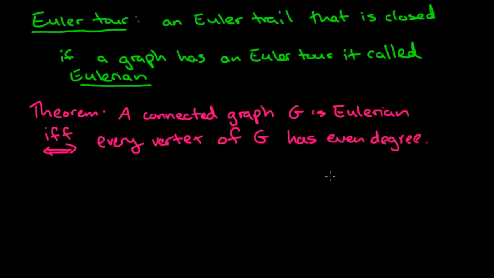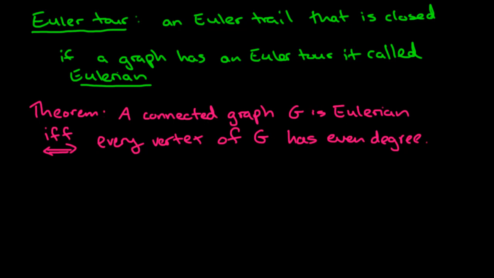Now, if you remember from the video about the bridges of Königsberg, we had a result that said if we had an Euler trail, then the number of vertices of odd degree had to be exactly 0 or exactly 2. But that was for the existence of an Euler trail. If you want to have an Euler tour, which is what we mean when we say Eulerian, then that tour is actually a closed trail, and then we require every vertex to have even degree. And not only that, but if every vertex has even degree, then there will be an Euler tour of the graph.